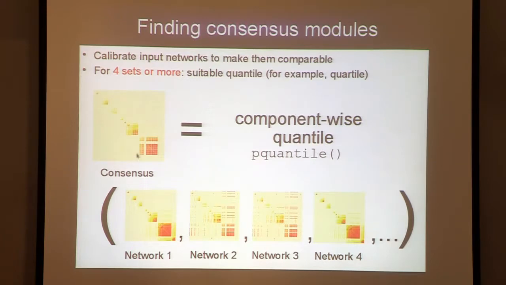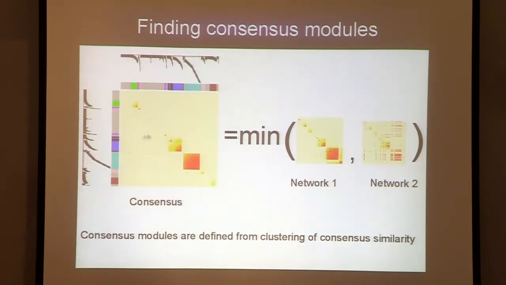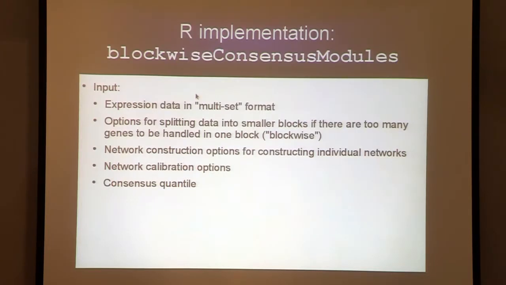And again, you get the consensus network like this. And then you feed the consensus network similarity or dissimilarity into a clustering function like the hierarchical clustering. You get a dendrogram, and we get nice consensus modules. So that's, in a nutshell, the method.